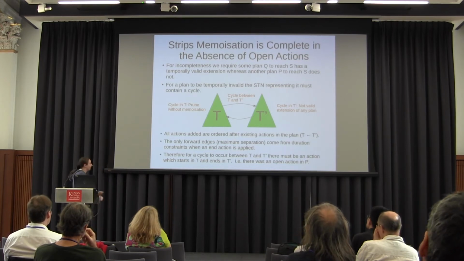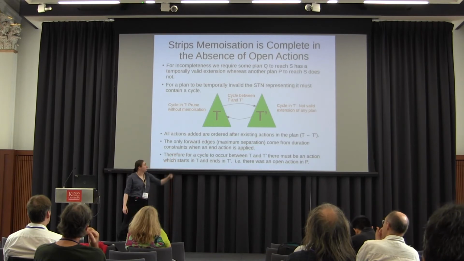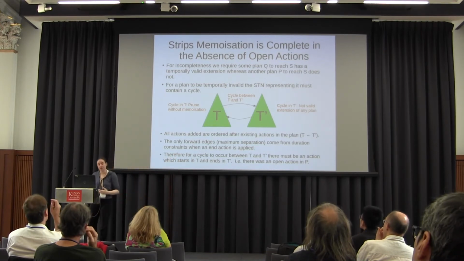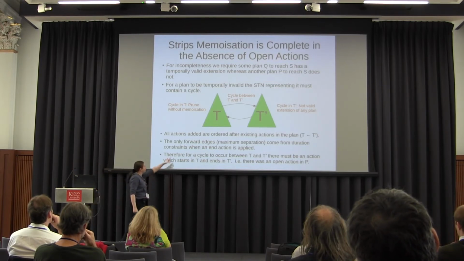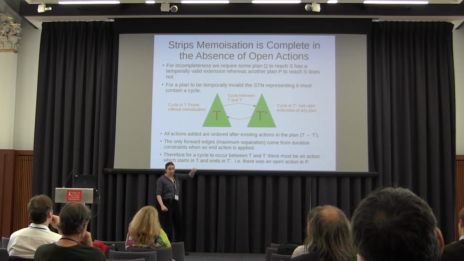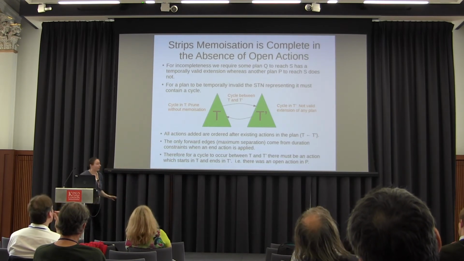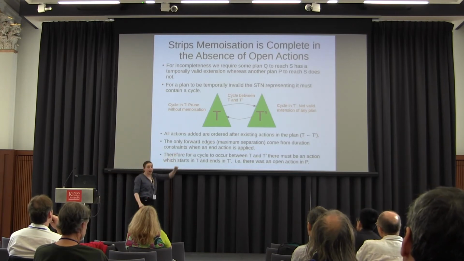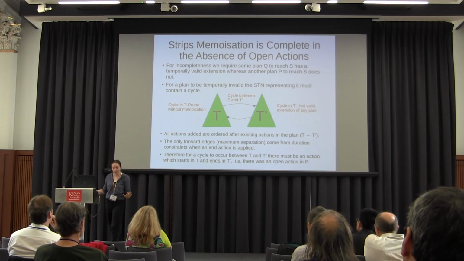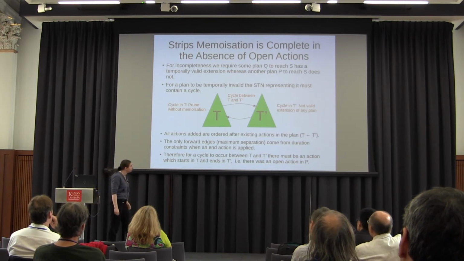So for there to be a cycle in this whole network that joins T and T prime, so an extension of the plan to this state, then there must either be a cycle in T, which means that's an invalid plan to reach this state, and in that case we say, okay, if there's a cycle in your temporal network, you prove that state and you don't memorize it. So you never memorize a temporally proved state. So that gets rid of that case.